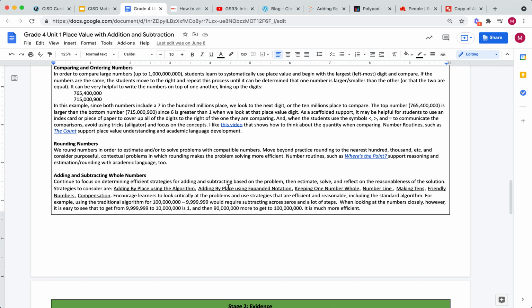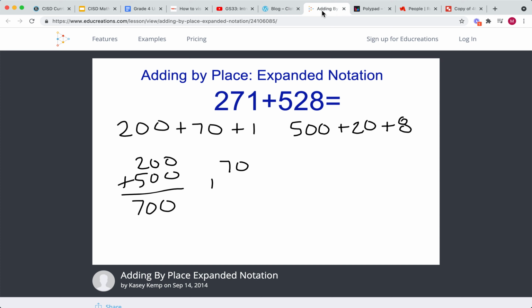These videos share for you and possibly for the students what these different strategies look like and how they can be used to solve problems. You can see here the strategy of adding by place using expanded notation looks like this. All of the videos are explained like this for you or for your students to understand the different strategies.